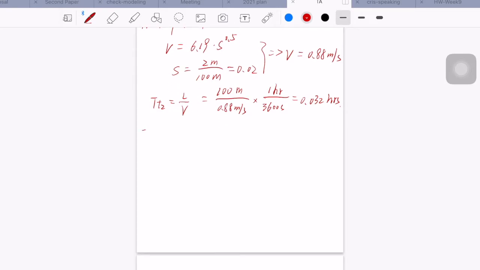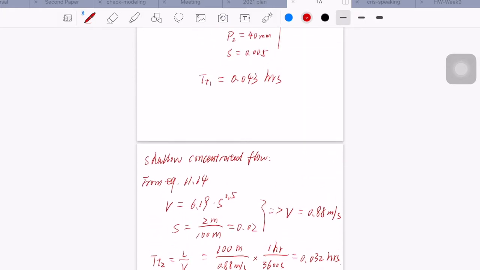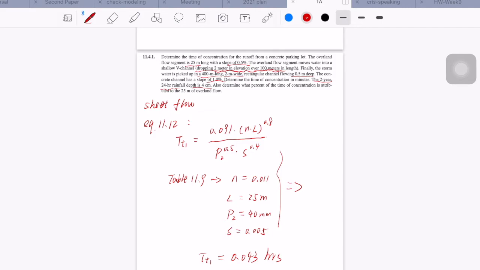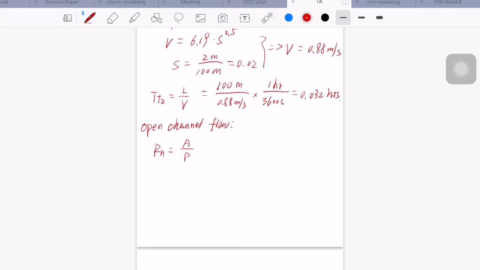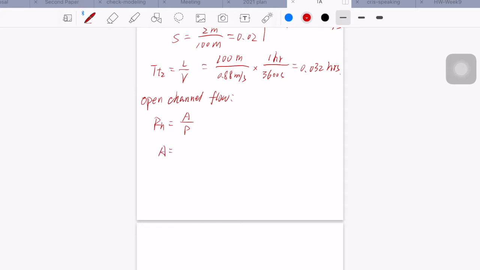And for the open channel flow, we need to determine the hydraulic radius first, and we know the Rh equals A over P. And from this problem, we know the A should be equal to 0.5 meters times 2 meters, so equals 1 square meter.